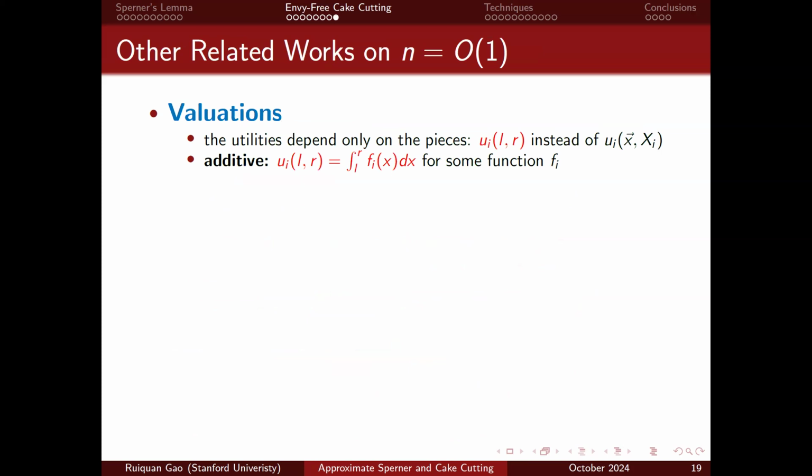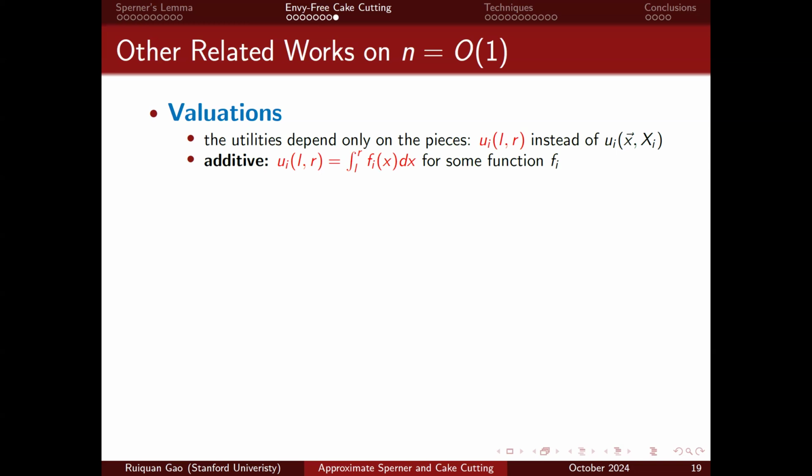Besides the general preference utility, other utility functions are also studied in the literature. A more popular way to model the utility of a piece is to only use its left and right boundaries, which is independent of other irrelevant cuts about cut positions for this piece. To distinguish this kind of utilities from the general preference utilities, we call them valuations.